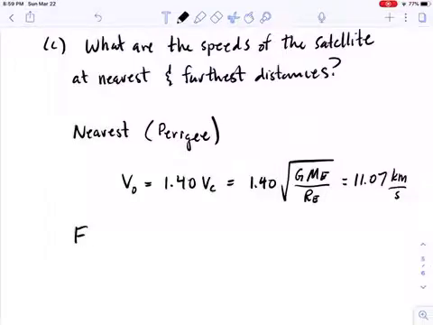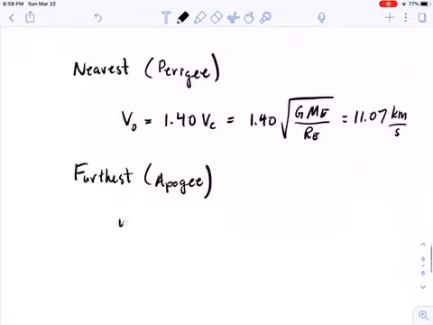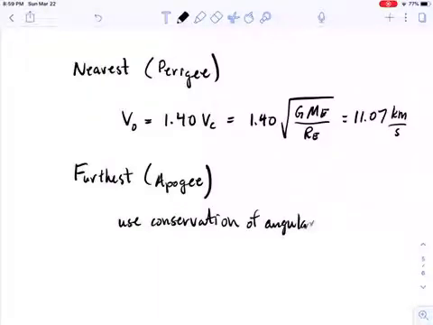Okay, at the furthest distance, which is called apogee, we can use our conservation of angular momentum.